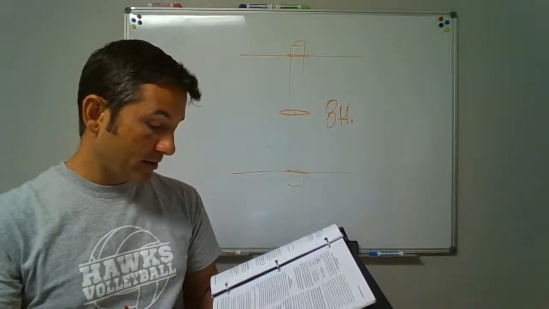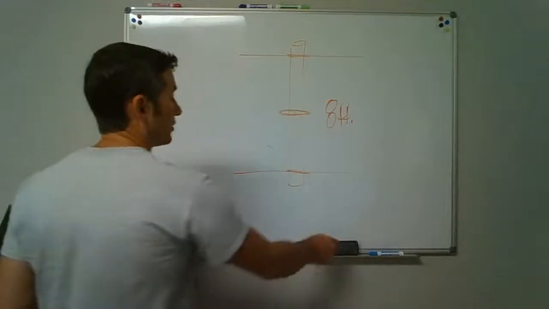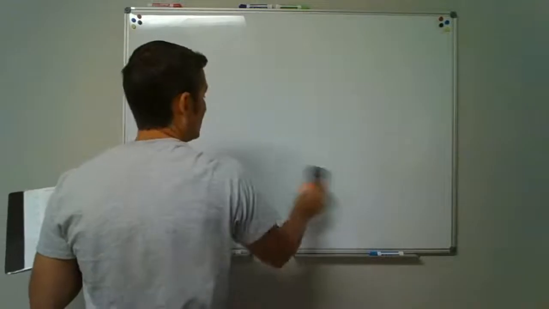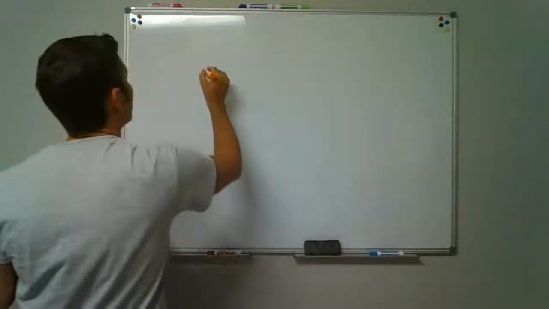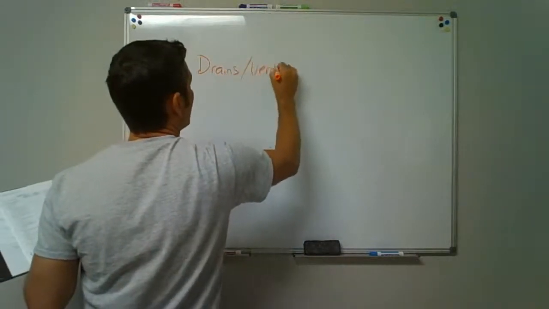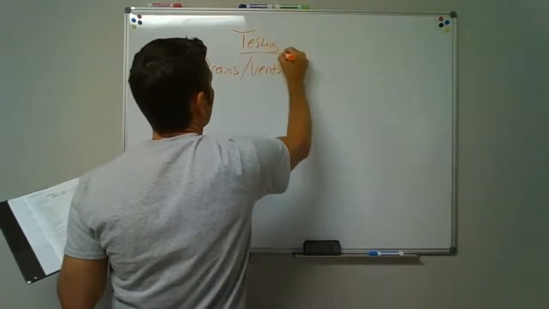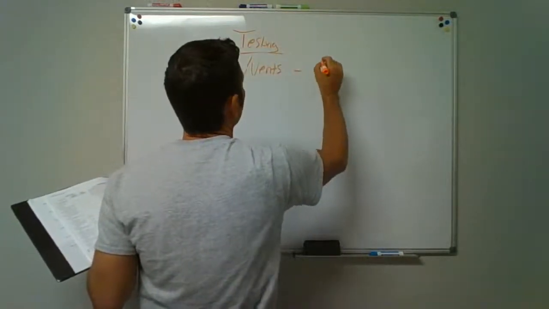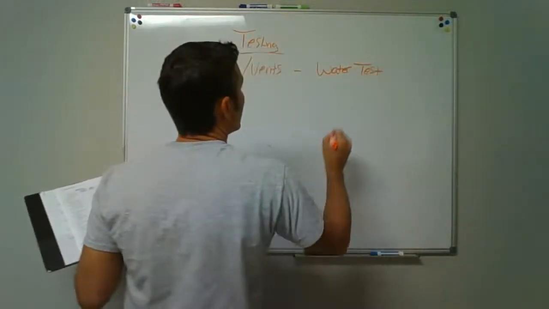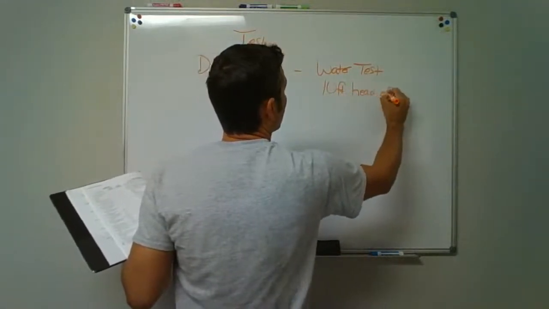Drainage and vent water test. If you're putting a test on the drains and vents and you're doing a water test, you've got to have a 10-foot head of water.